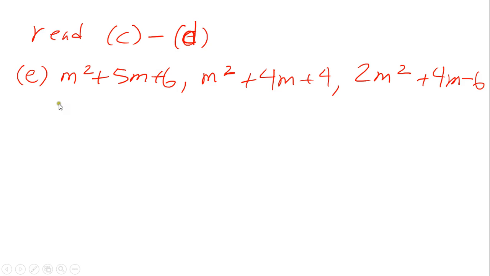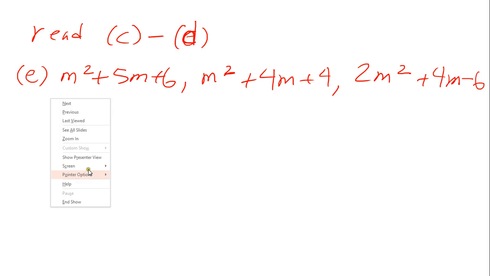So now let's go ahead and get each one of these in a factored form. I've got to bring my pen back up, kind of an annoying way this is programmed.